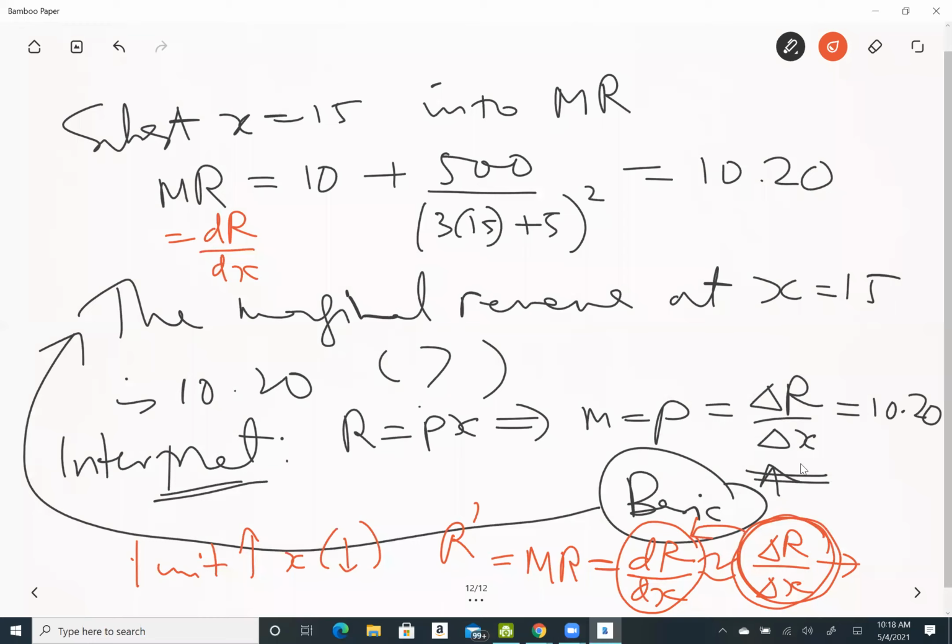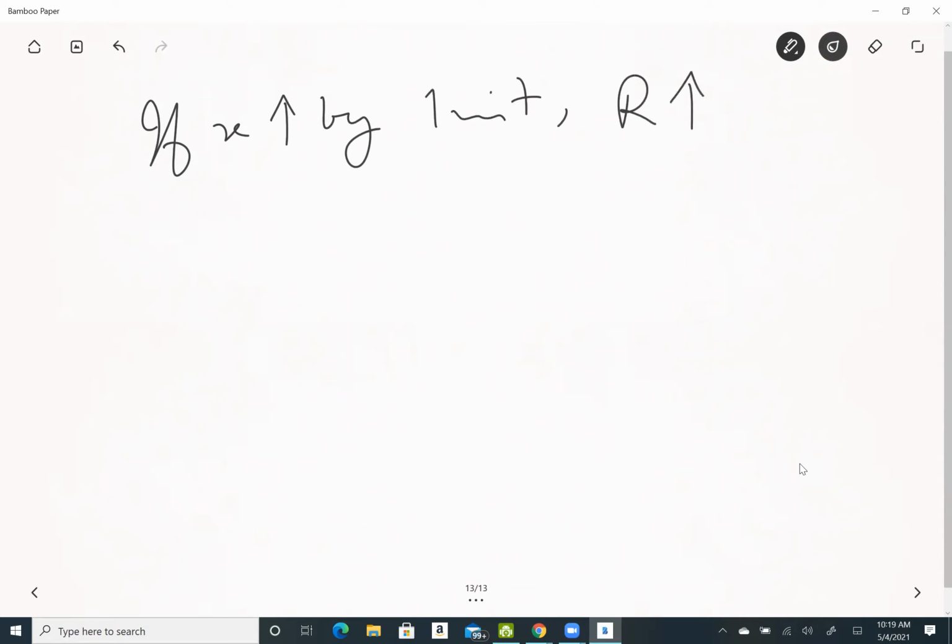They don't give you the unit in that example, so we just use the basic interpretation. If X increases by 1 unit, the revenue will increase by, strictly this is an estimate, about, but you don't have to say about, you just say by $10.2.